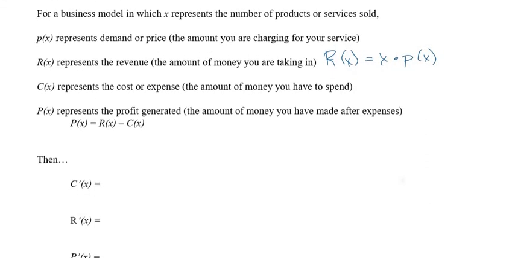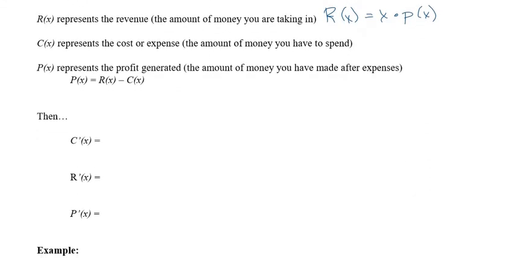So with that, we can also have derivatives for each of these. Let's talk about that really quick. We can have a derivative for our cost, which is c prime of x, or we could say dc by dx. And that's what we call the marginal cost. For our derivative for our revenue, it's r prime of x, or dr by dx.